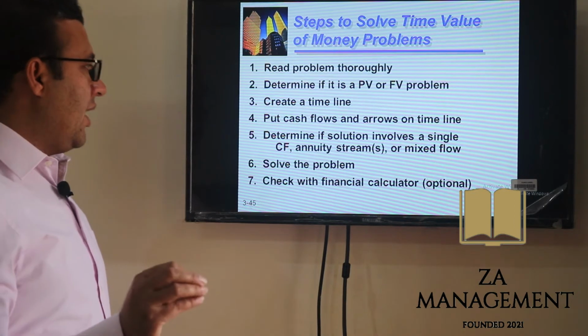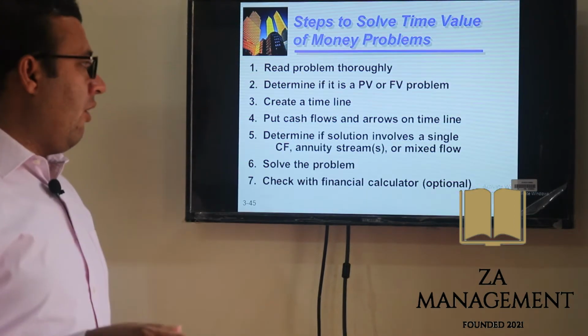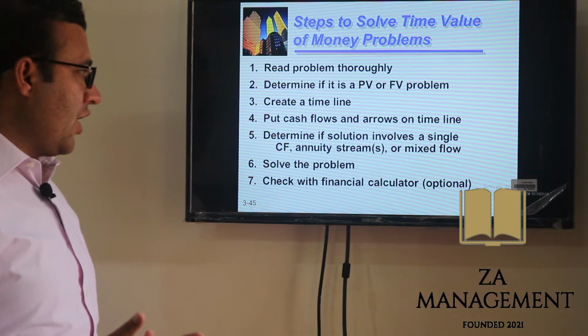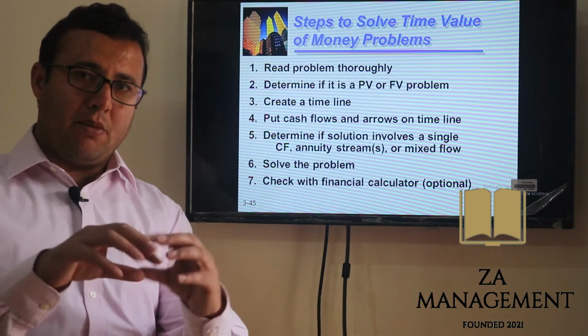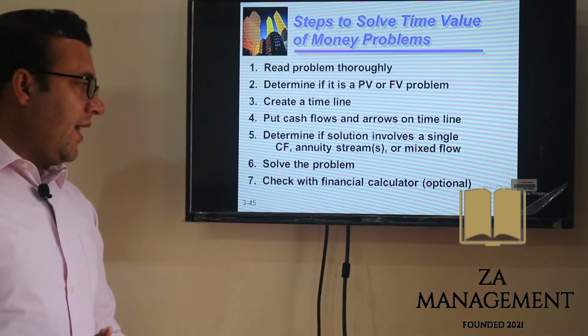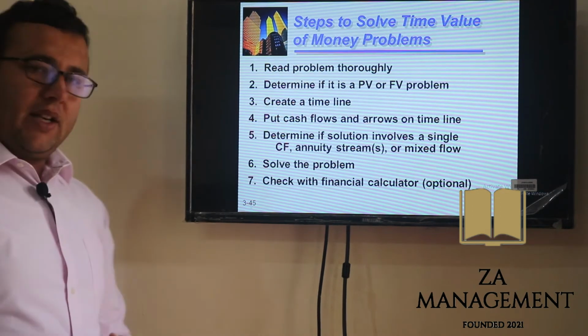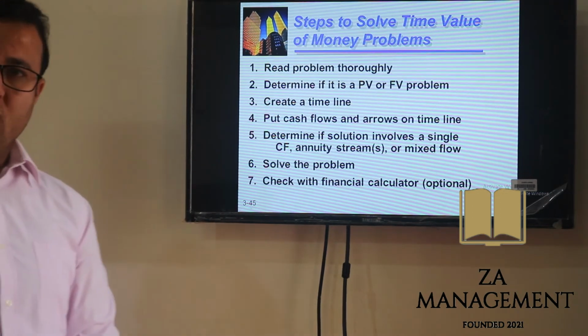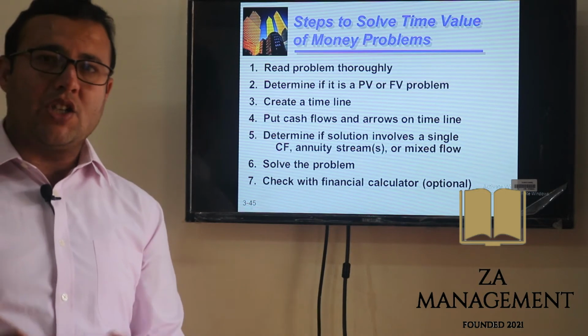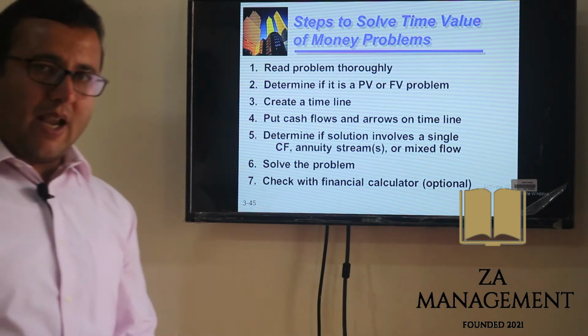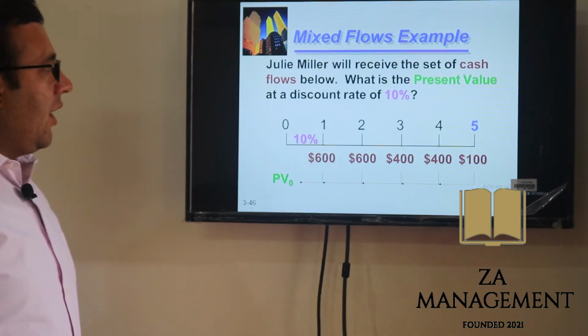Determine if the solution involves a single cash flow or an annuity stream, or sometimes it could be a mix of these two. Then solve your problem, and you can check it with the help of a financial calculator, or with the help of table factors.